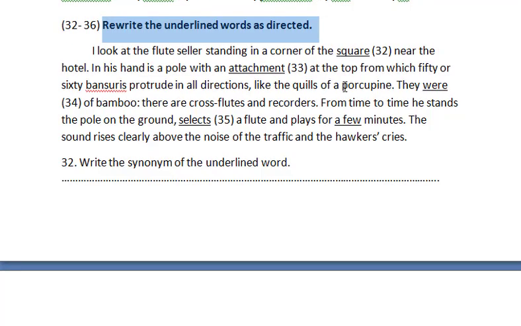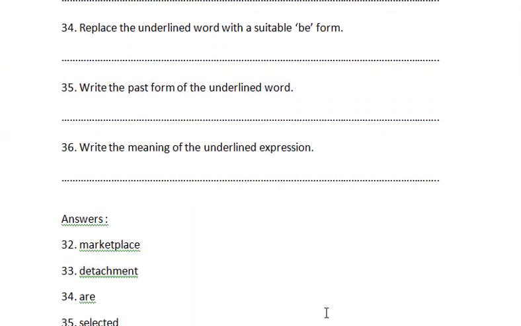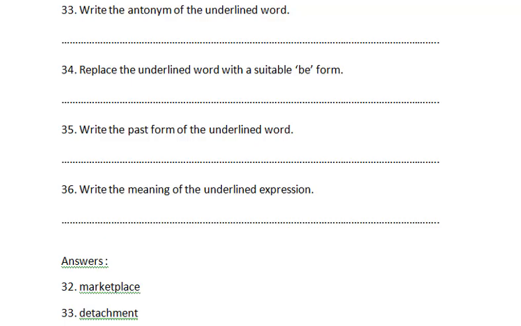So here you have underlined words, number 32 and number 33. Write the synonym of the underlined word. So square, synonym. What is the synonym of square? Oh, it's marketplace. You need to write the answer just like this, marketplace.